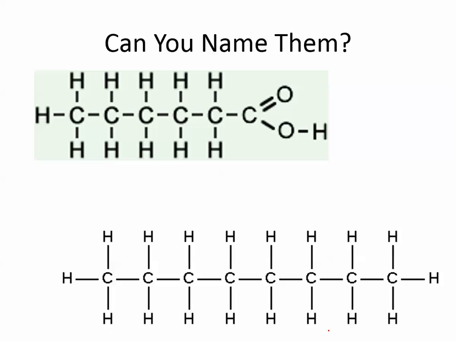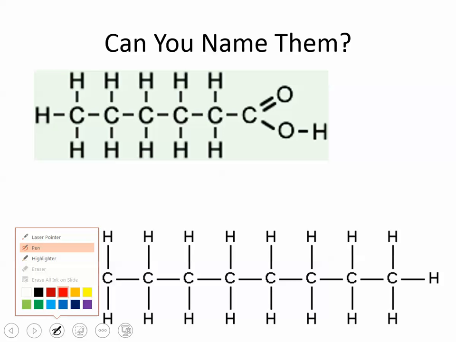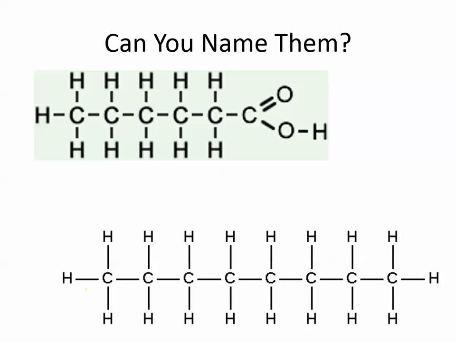Okay, so looking at them, let's go in, let's count them. Oh, no, I didn't want that. Let's rub that out. Sorry about that, guys. Into the highlighter. That'll do. We've got 1, 2, 3, 4, 5, 6 carbons.